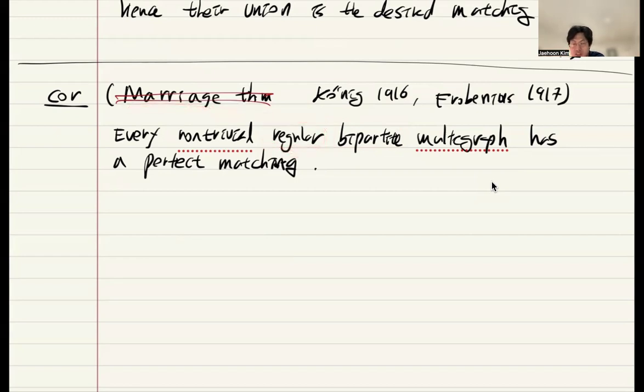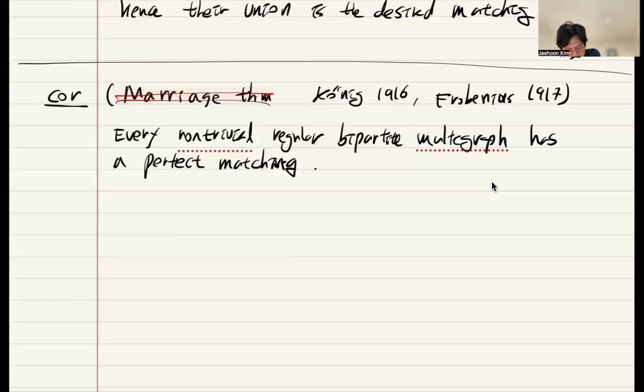Some people have higher chances and some people have fewer chances. And also, bipartite is no longer true. At the time, they were thinking of men on one side and women on the other side, but now marriage or dating is not between two genders. So this is an outdated name.